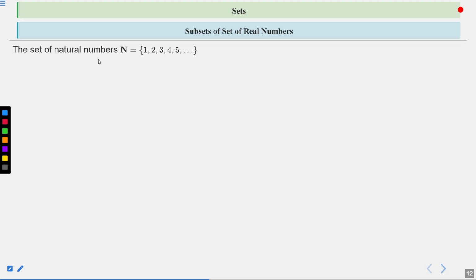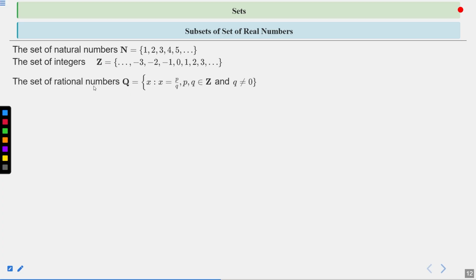Now, subsets of the set of real numbers. Simple. So, the set of natural numbers is also a subset of real numbers. The set of integers is also a subset of real numbers. The set of rationals is also a subset of real numbers. And some other subsets, simple.